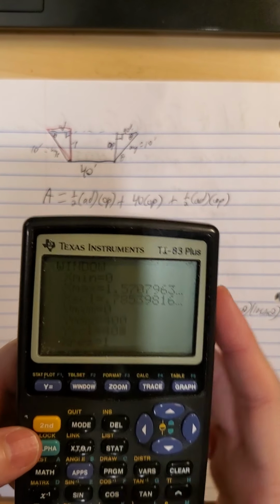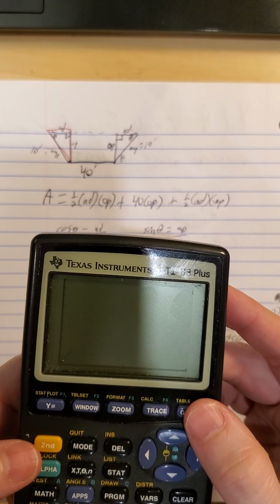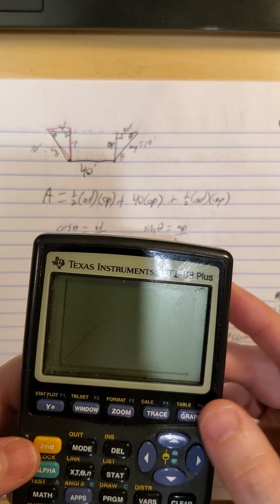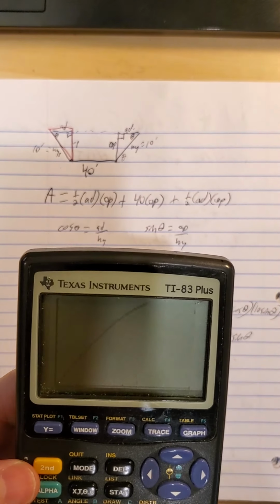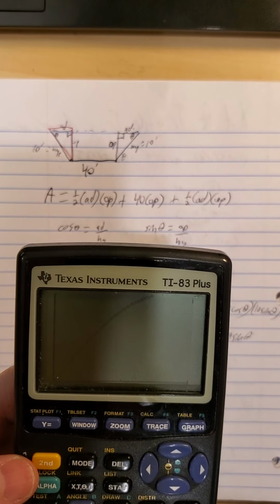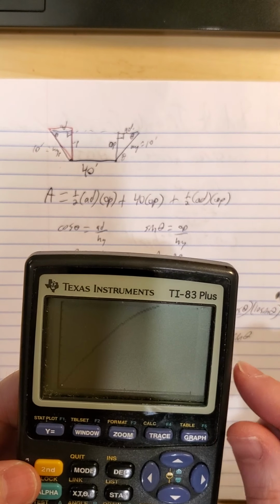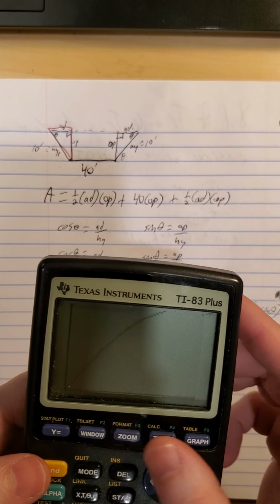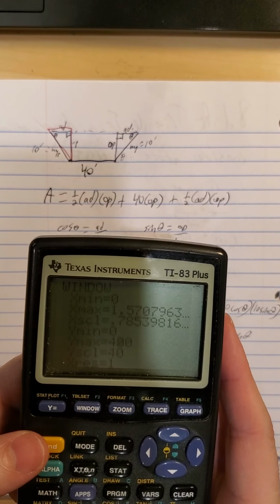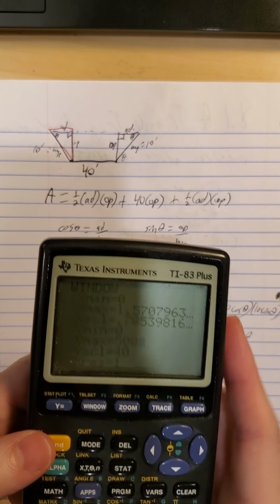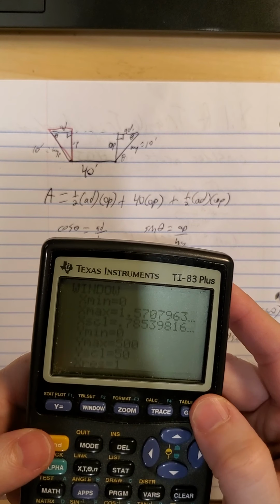We'll count by 40 at a crack, change it if we need to. So here comes our curve. And it looks like it does just kind of miss the top. So we'll move the window up again, maybe we'll set it to 500, and we'll count by 50s then.